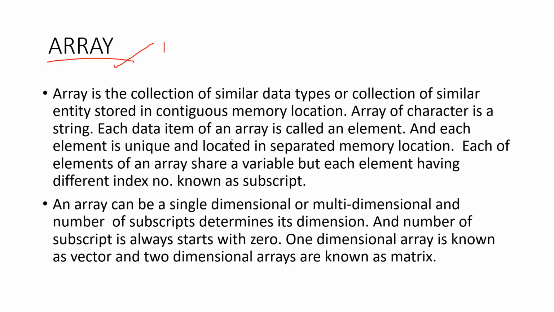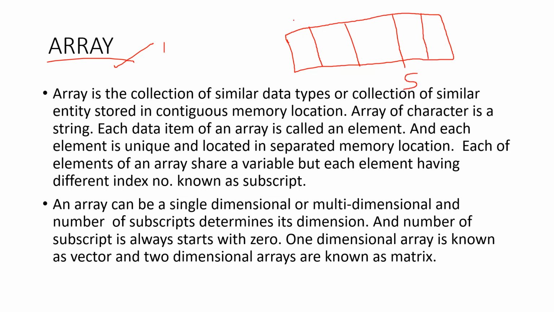Each data item of an array is an element, which means the array structure looks like this. This is an array of 5 elements, but we count from 0 to 4.